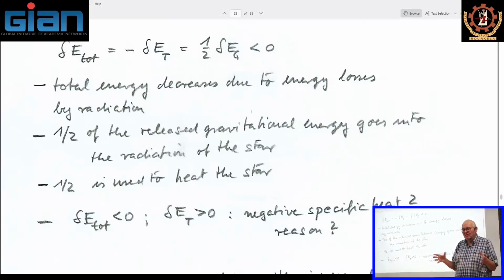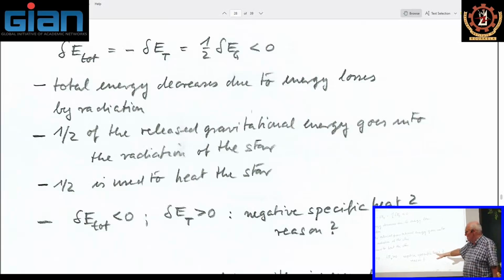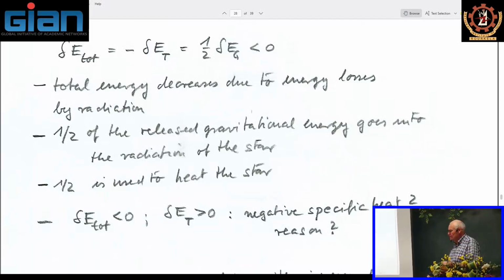Of course, we could also regard the system only in a thermodynamic way, and then we would consider stellar matter as usual. But here we have explicitly taken gravity into account. If we take both the thermodynamics and the gravity together, then we end up with this strange behavior. So the consideration of gravity is the reason for this negative specific heat.